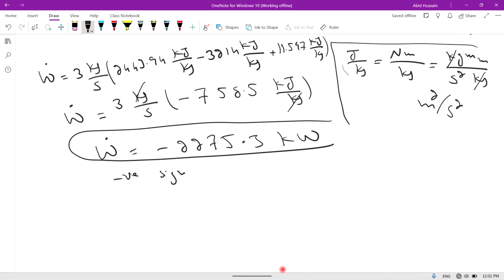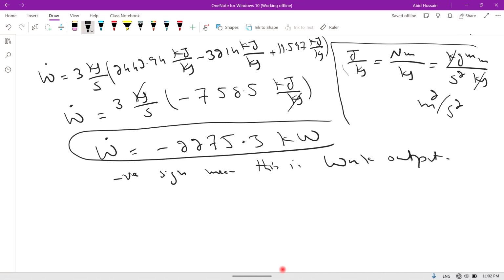Negative sign means this is power output. This is simply the rate of flow of work. This is work output.